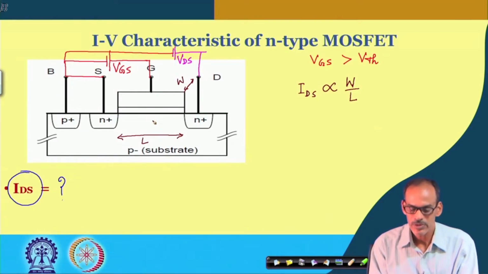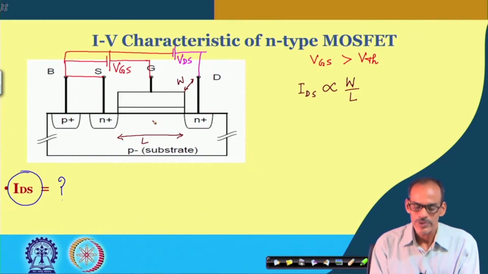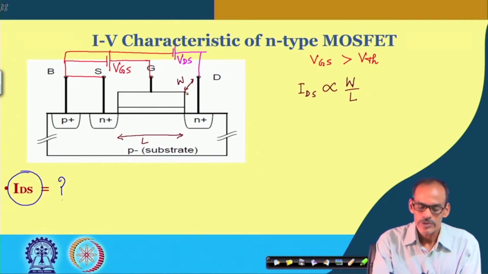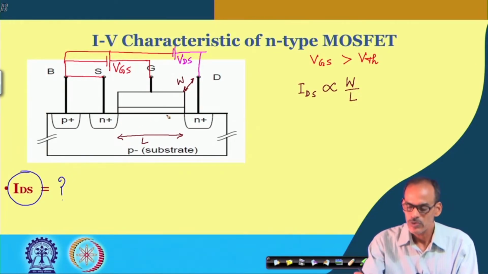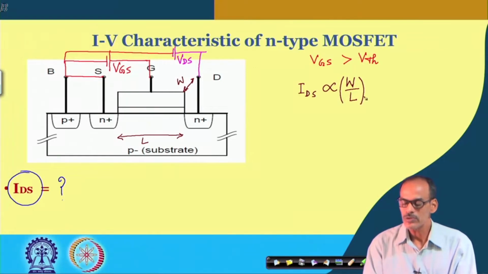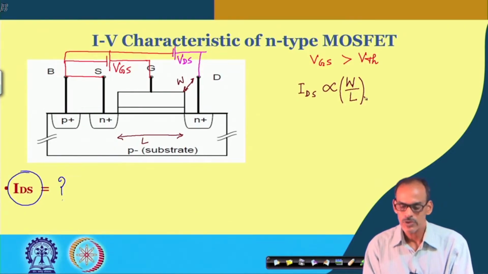So, as a result the corresponding current will decrease. On the other hand, if the W is increasing, the corresponding resistance will decrease. So, you may say directly that IDS is proportional to W by L, or you can say the aspect ratio of the channel.